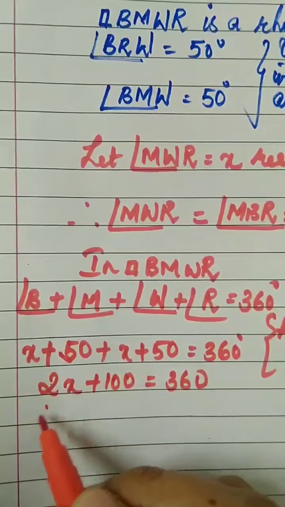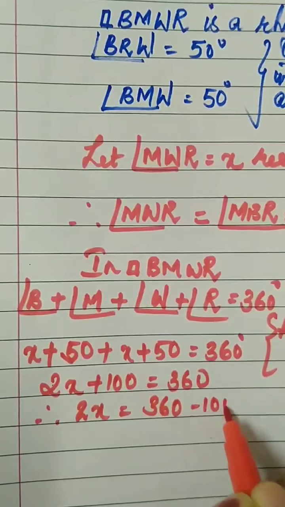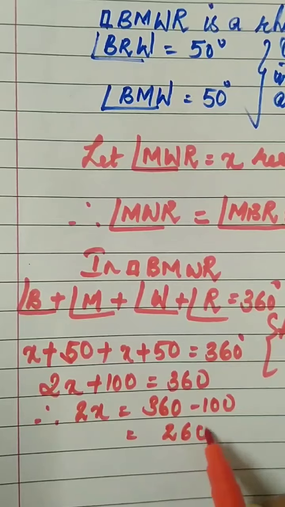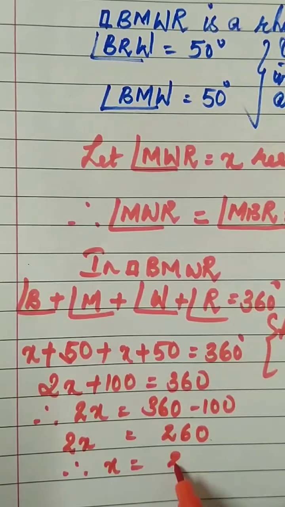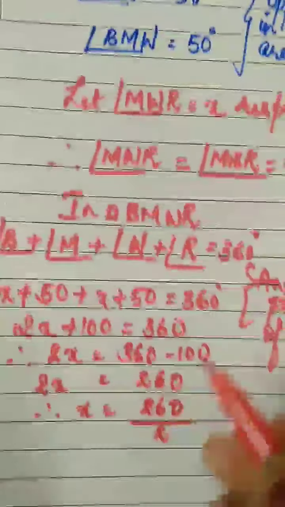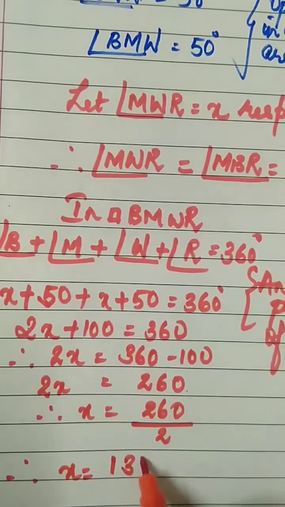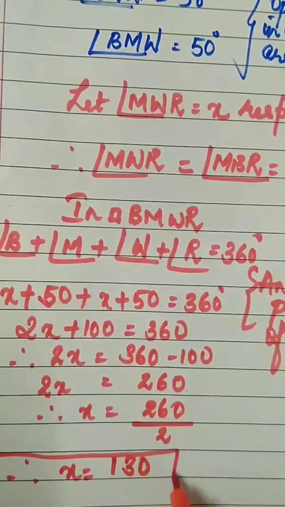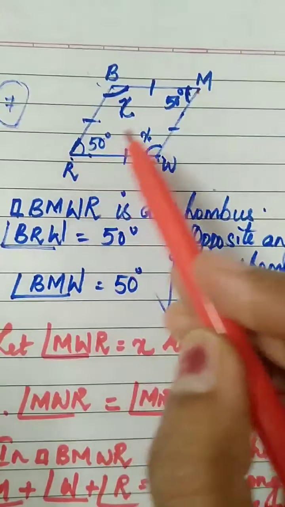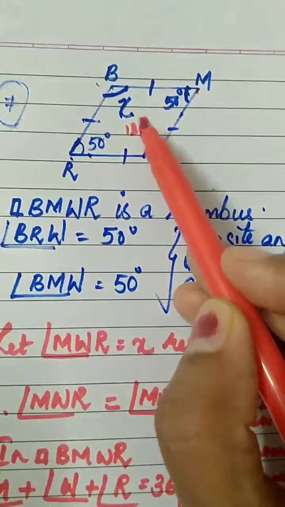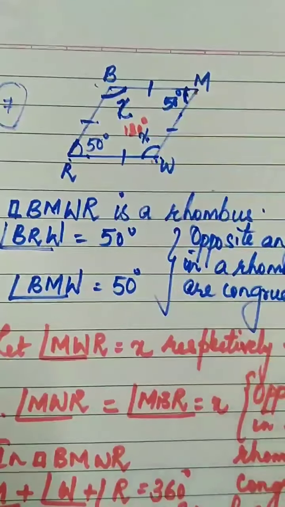Bringing 100 to the opposite side, 2x is equal to 360 minus 100, which is 260. Therefore, x is equal to 260 upon 2, so we got x as 130. What is x? Angle MWR is 130. If MWR is 130, then MBR will also be 130.